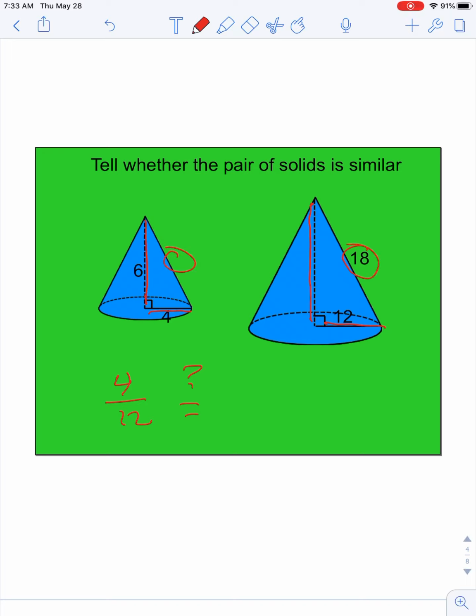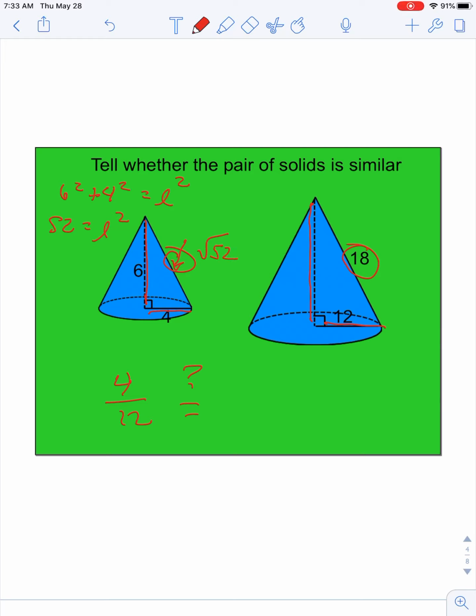So we can use the Pythagorean theorem to find this slant height, and then we can compare that. We take 6 squared plus 4 squared and set it equal to our slant height squared, and that is 52. So our slant height is the square root of 52.